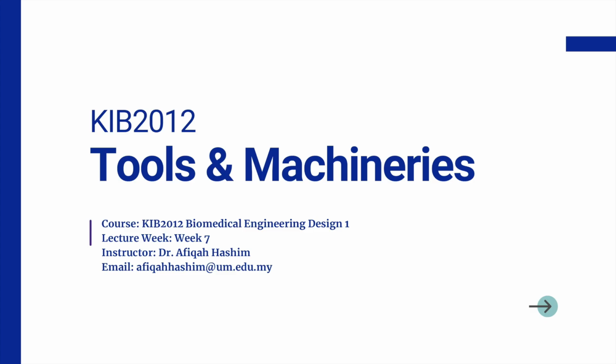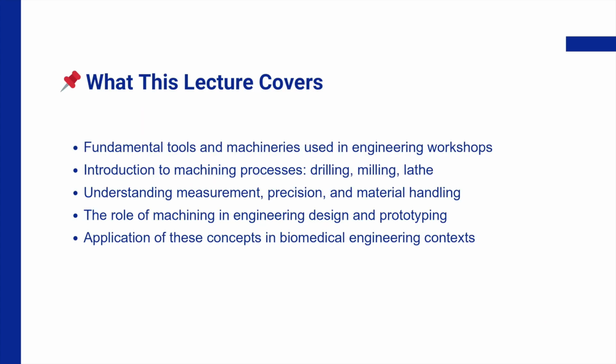So in this lecture we will go through the basic tools, machining, and also materials shaped into functional engineering components. We will first look at the role of tools and machineries in engineering and why these are important.